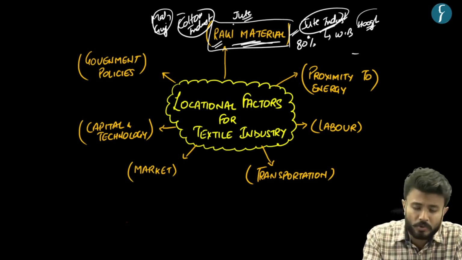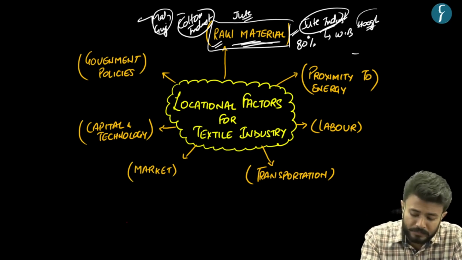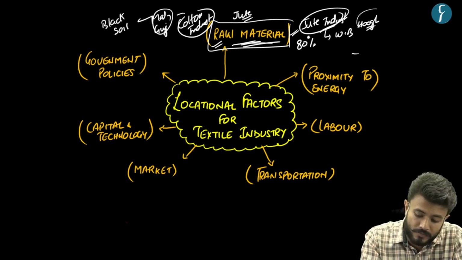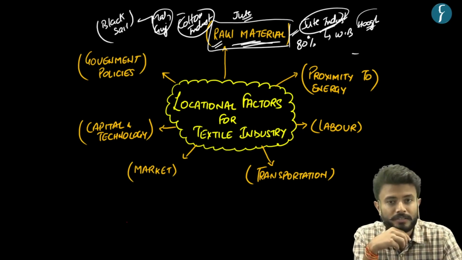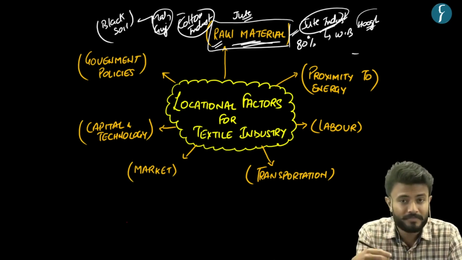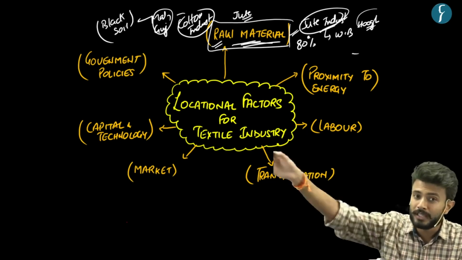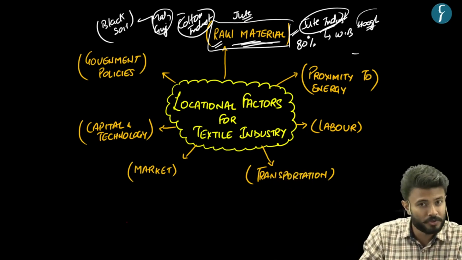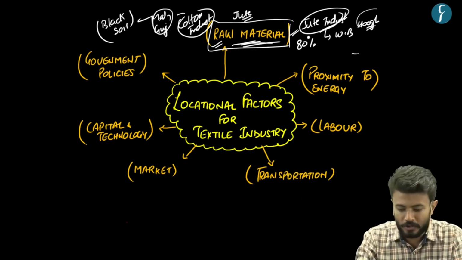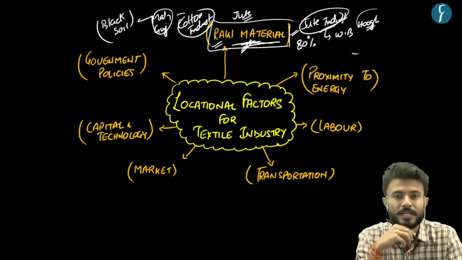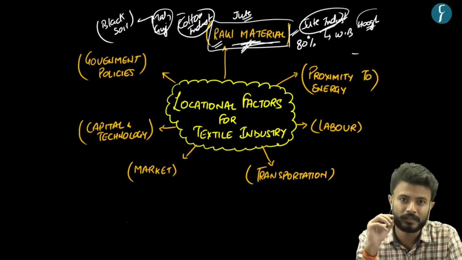Why? Because this region has black soil, which is good for growing cotton, right? So we have the cotton over there, hence the cotton textile industries are there. We have the jute in the eastern region of India, so we have the jute industries, right? So raw material impacts the location and distribution of industries in this manner.